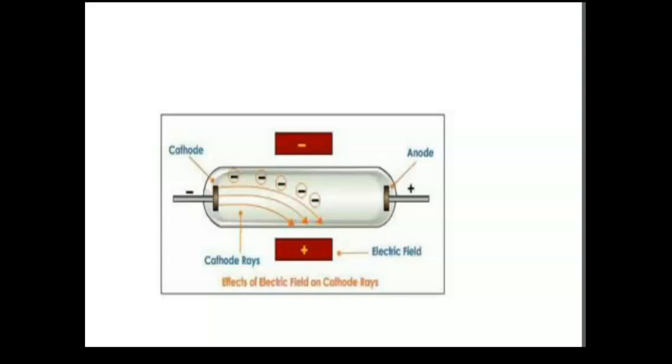Cathode rays can pass through thin foils of metals like aluminium. But yes, of course, if the foil is very, very thick, they will be stopped by that foil. These rays ionize the gas through which they pass. And when cathode rays strike against a glass surface or a screen coated with zinc sulfide, they produce fluorescence, that is glow.